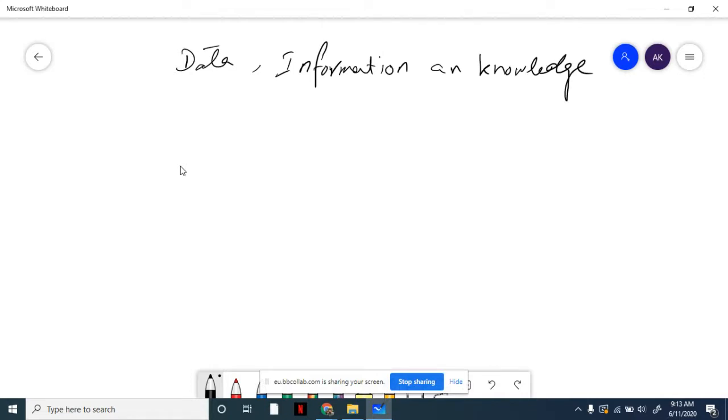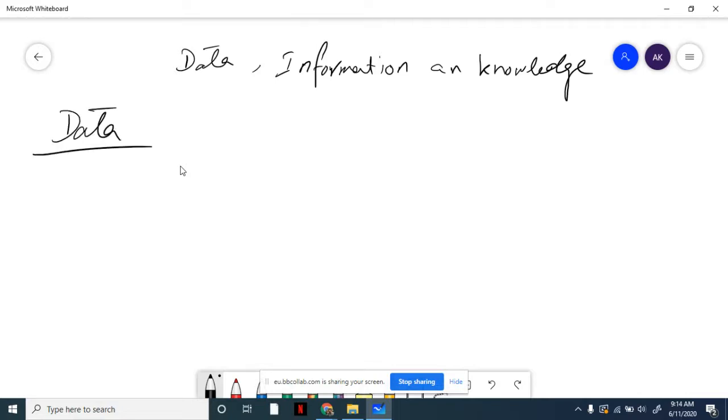There are three words: data, information, and knowledge. Two of them are widely used. Whenever we talk about computers, the word number one is always up there.